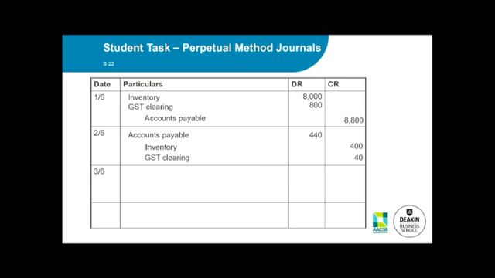We're selling inventory on credit, right? How much are we selling? 19,800 we're selling. So that's the amount that includes GST. Again, step number 1. What is the account that is going to be affected by the full amount of $19,800? Accounts receivable, right?